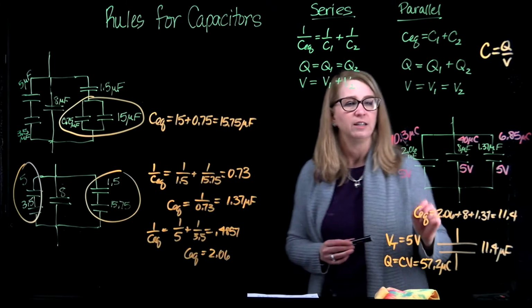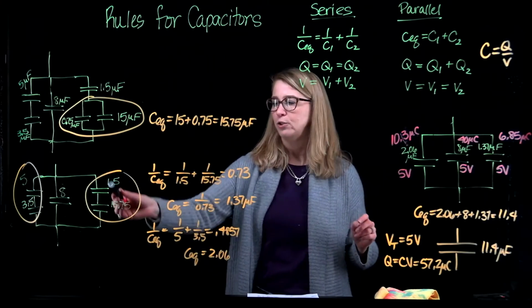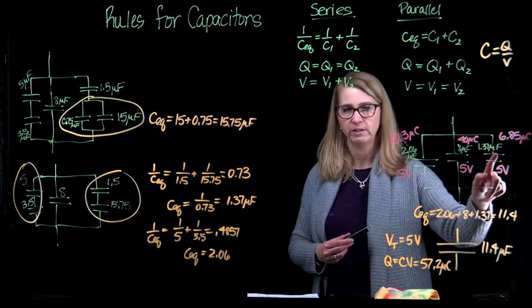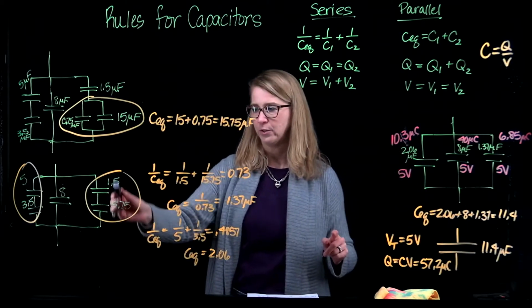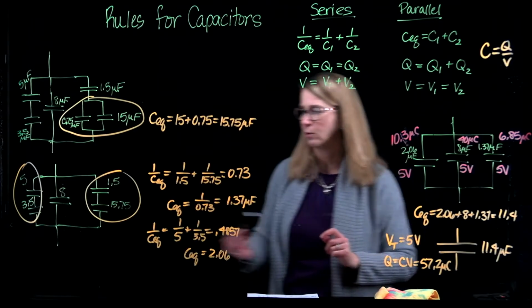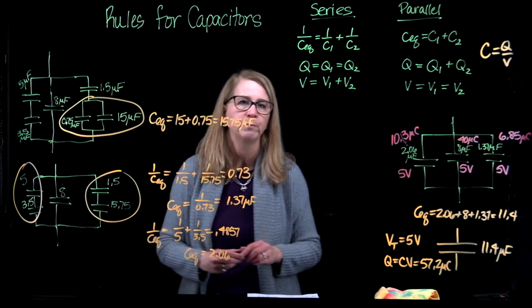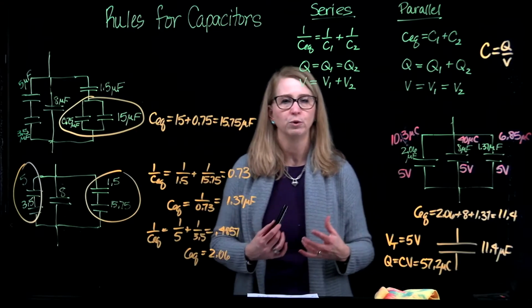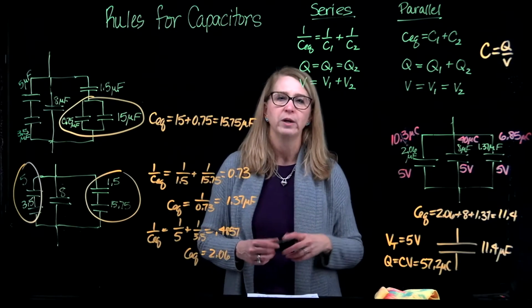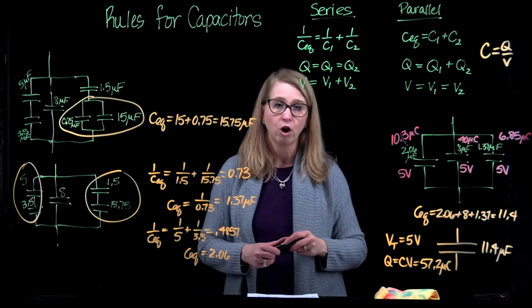Now, in this arrangement here, we had two capacitors that were in series. The 1.37 capacitor is taking the place of these two, and the 2.06 capacitor was taking the place of these two. When we look at the rules for capacitors in series, what we find is that when they're in series, they all have the same charge.